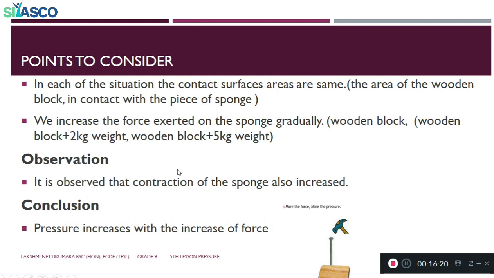That means we have confirmed the previous activity by this activity. In this kind of relationship, pressure increases when force increases. If we reduce the force, pressure reduces. That means there is a relation. In this kind of relationship, we can say pressure is directly proportional to the force.